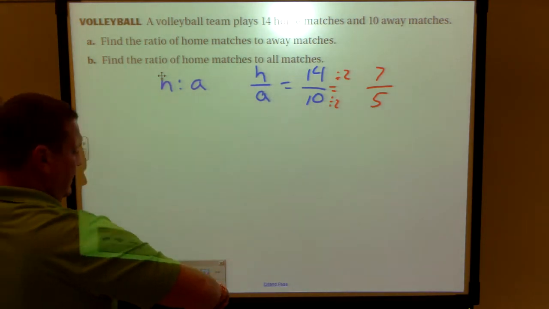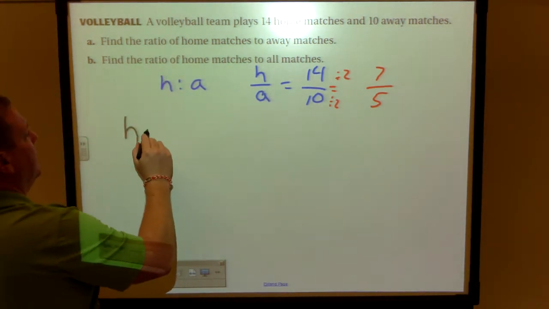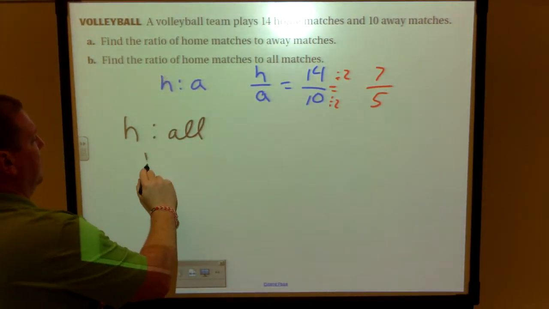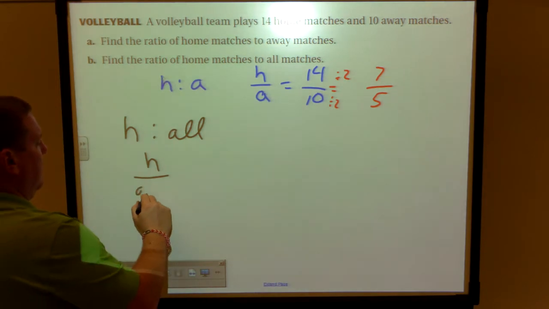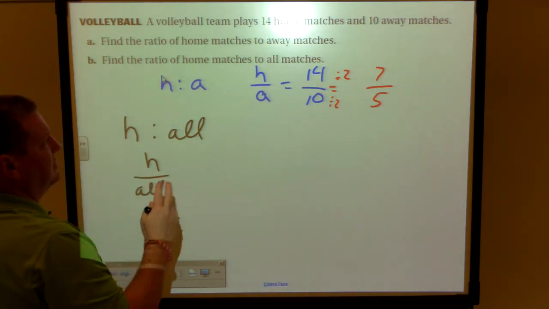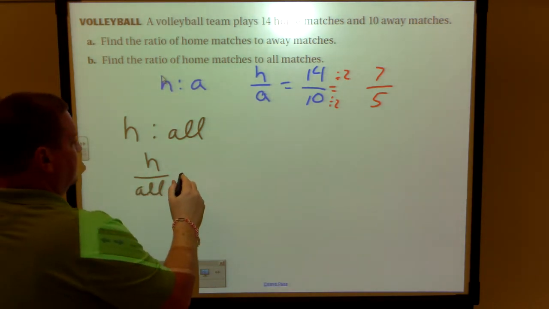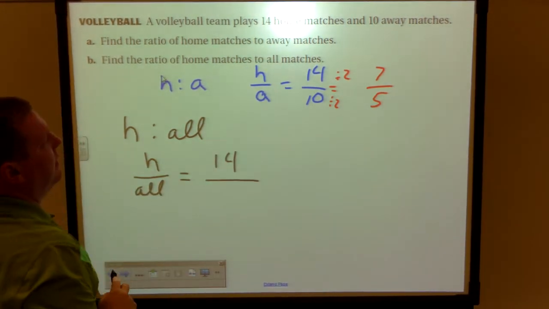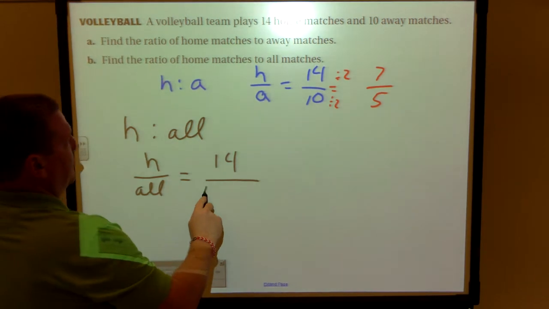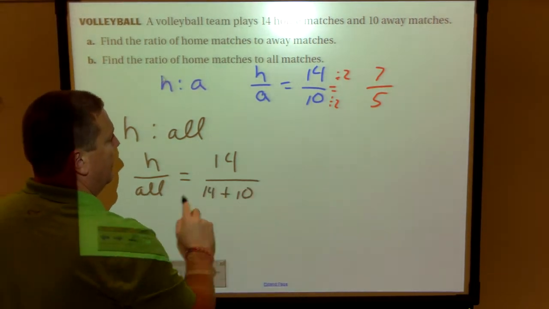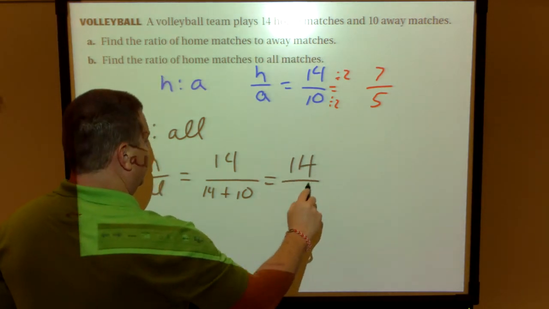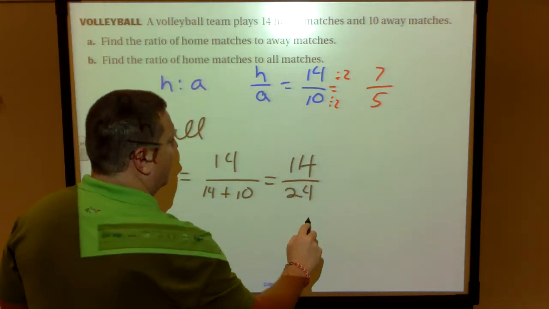On B, we're going to ask home matches to all matches. So it'll be home matches over all matches. And all matches is the combination of the two. So that's going to be home matches, again, still 14. All matches, well, that's going to come from the home plus the away matches, and we go ahead and add that up, and we get 14 over 24.